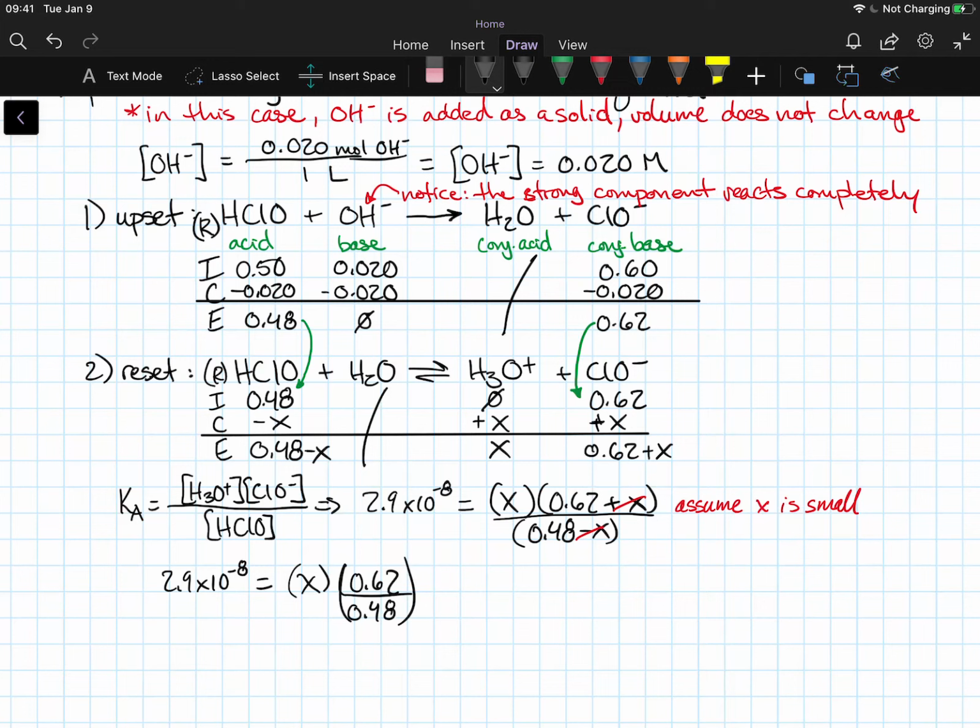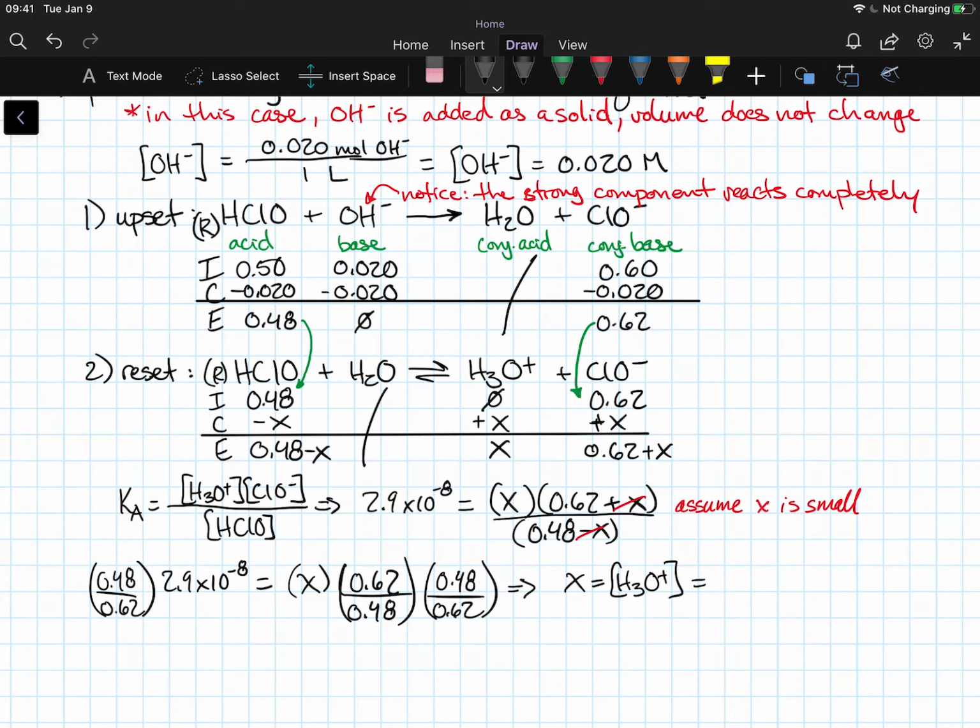And again, I want x because x is my H3O plus concentration, and ultimately we're trying to calculate the pH. So I'm going to multiply both sides by 0.48 and divide by 0.62. And this all simplifies out to, remember, x is equal to our H3O plus concentration.